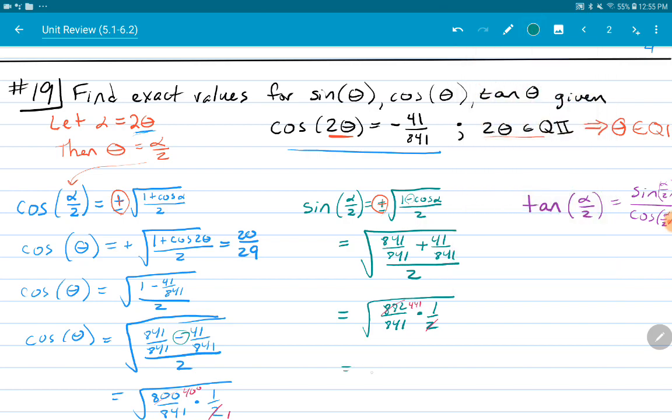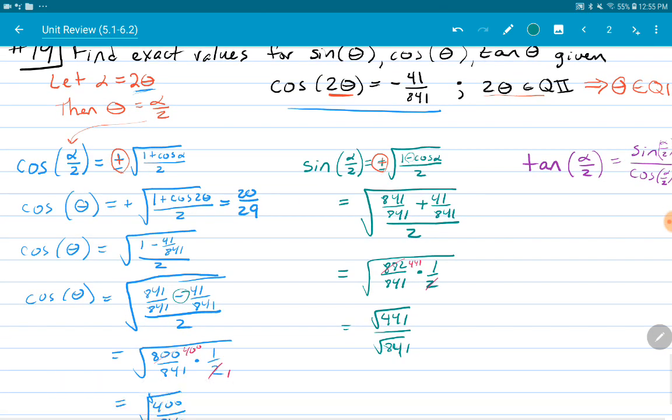So I'm left with square root of 441 over square root of 841. And those are two perfect square roots too. Square root of 441 is 21, and the square root of 841 is 29.